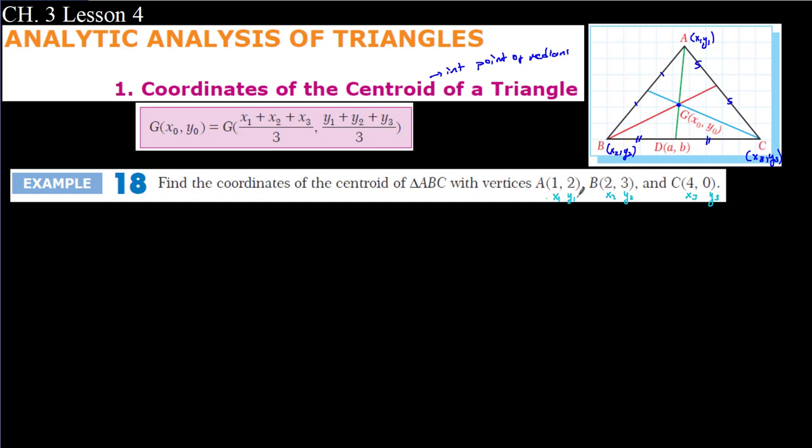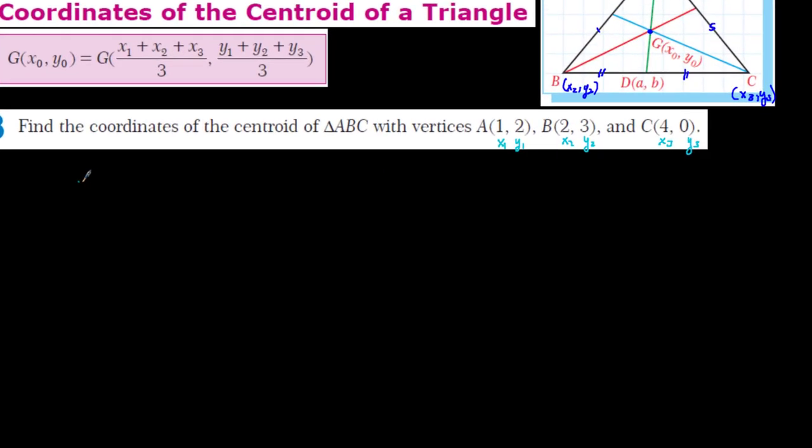With respect to this given information, G is going to be equal to (1 plus 2 plus 4) over 3 from the formula, and the second part is (2 plus 3 plus 0) over 3.